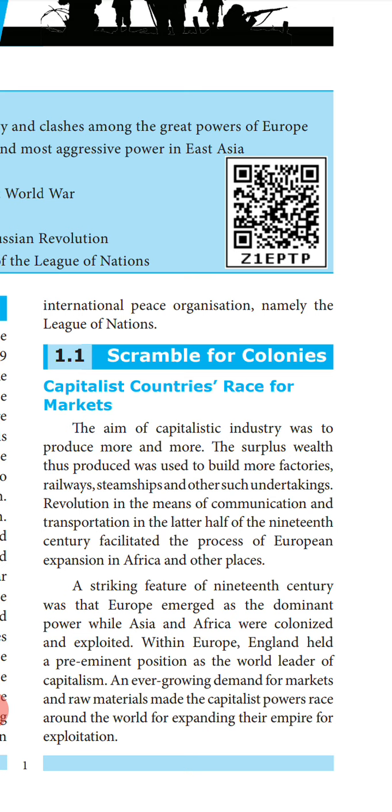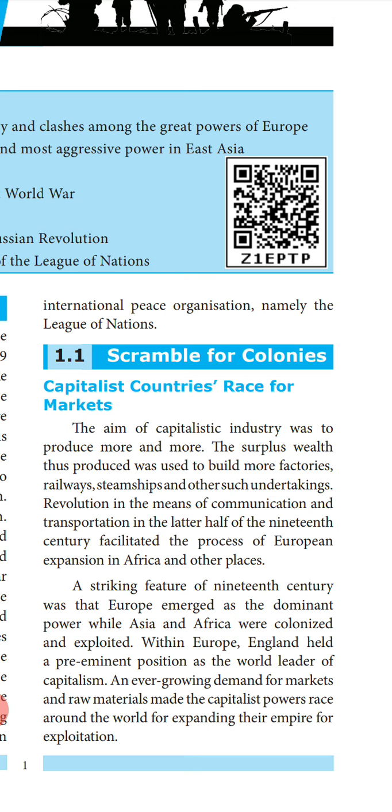The aim of capitalist industry was to produce more and more. The surplus wealth thus produced was used to build more factories, railways, steamships and other such undertakings. So the revolution in the means of communication and transportation in the later half of the 19th century facilitated the process of European expansion in Africa and Asian countries.